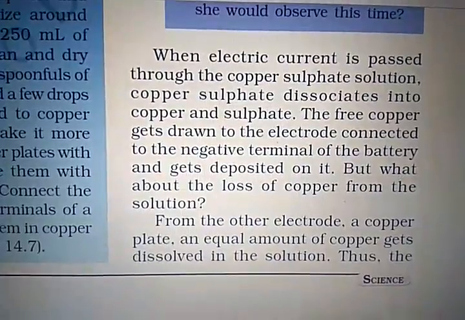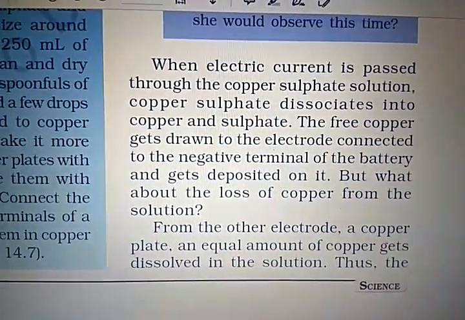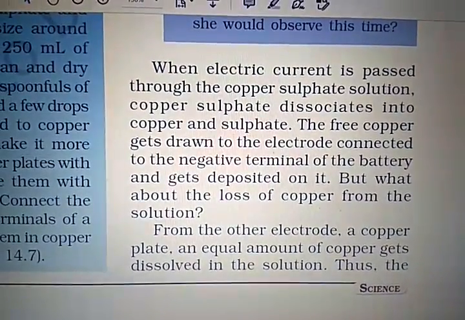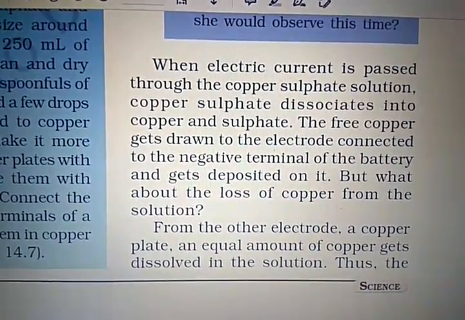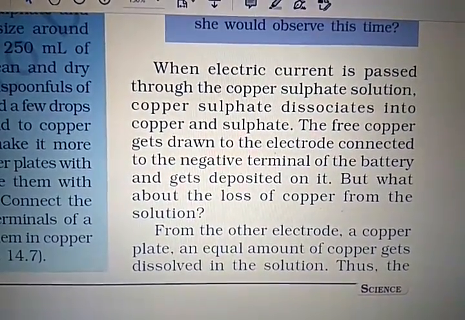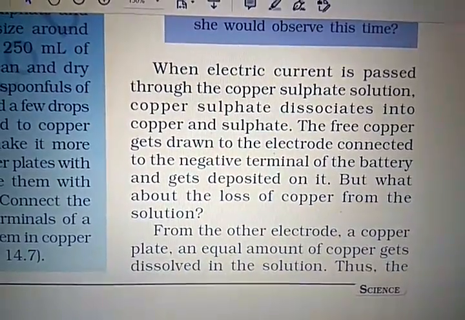When electric current is passed through the copper sulfate solution, copper sulfate dissociates into copper and sulfate. The free copper gets drawn to the electrode connected to the negative terminal of the battery and gets deposited on it. But what about the loss of copper from the solution?